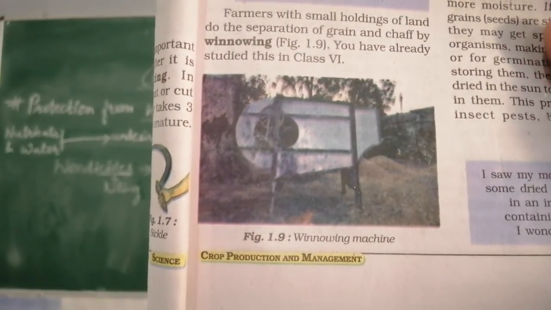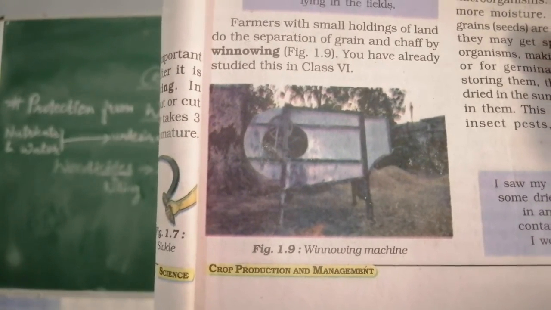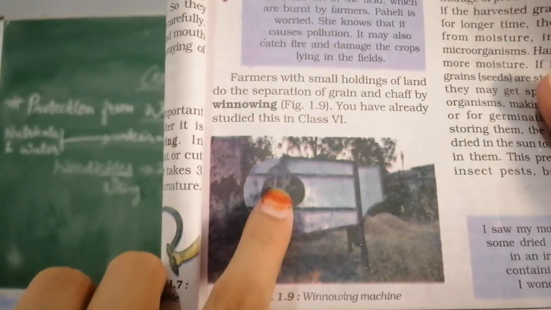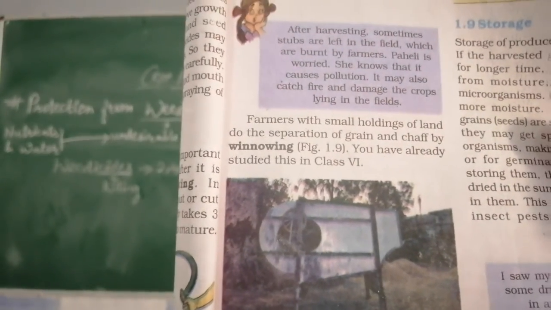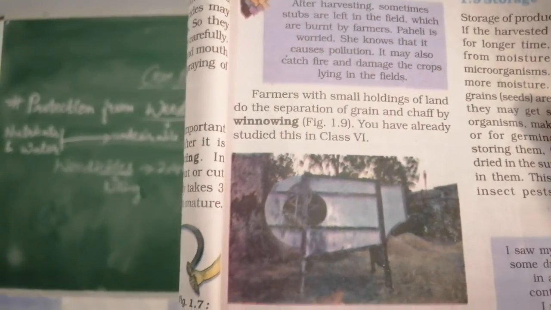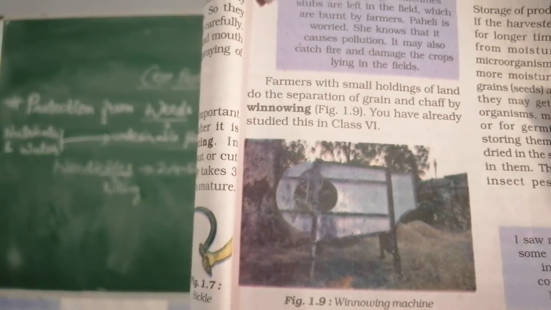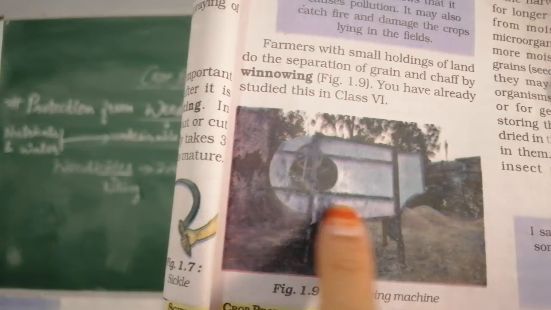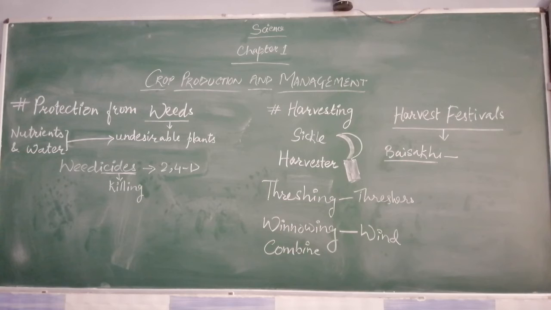This winnowing machine is also used to remove the chaff. There is a wheel over here. We just have to rotate this wheel, and with the help of wind, all the chaff is removed and the seeds are collected at the bottom portion. Or you must have seen the ladies who used to remove the chaff with the help of wind, using a long structure in which all the seeds are present.